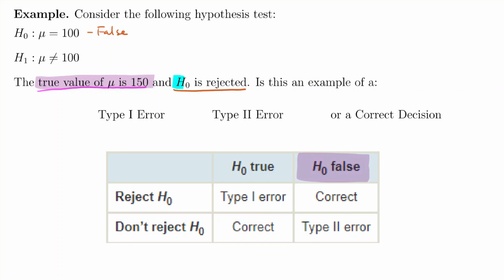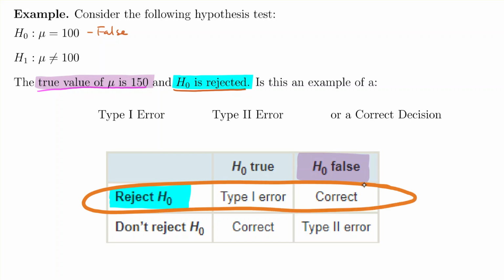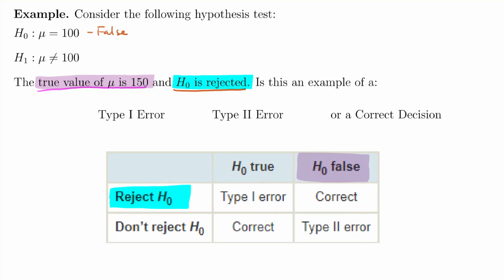Now, whenever we reject the null hypothesis, we're now in this row. And where the null hypothesis being rejected and the null hypothesis being false intersect, that gives us here our correct decision. So in this case, it was a correct decision to reject the null hypothesis because the null hypothesis was false.